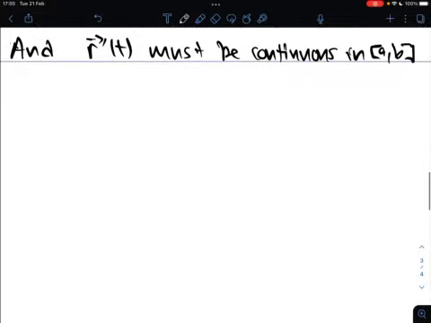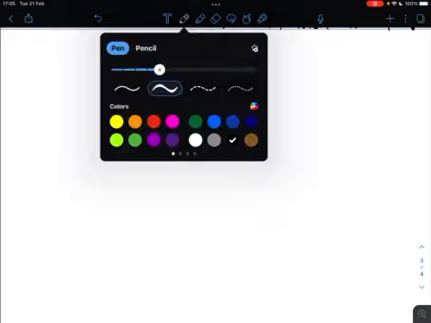So let's see then some problems that one can encounter when it comes to the smoothness of space curves. A typical example that you can get in an exam is something like this.